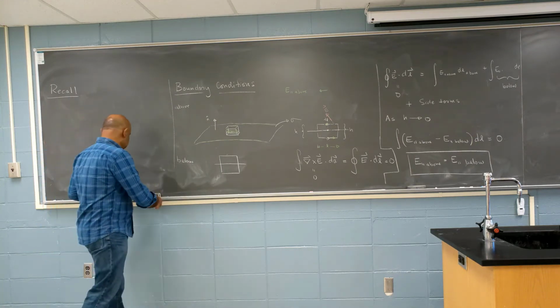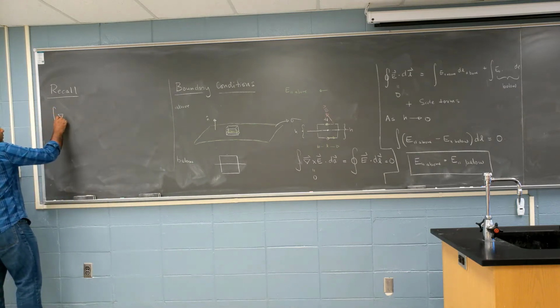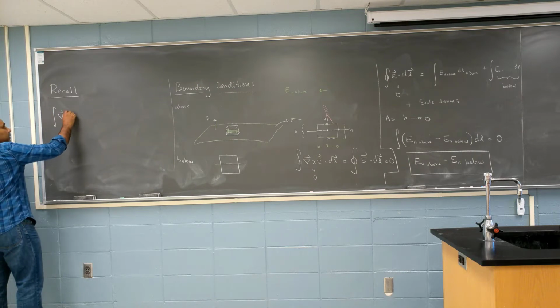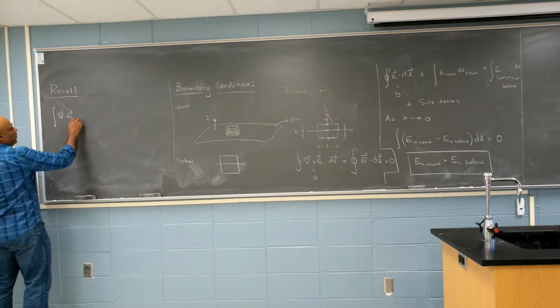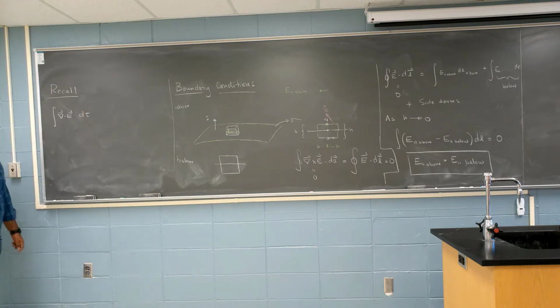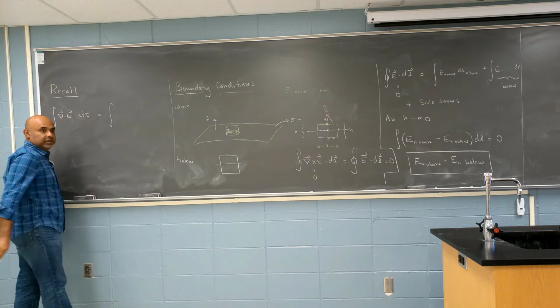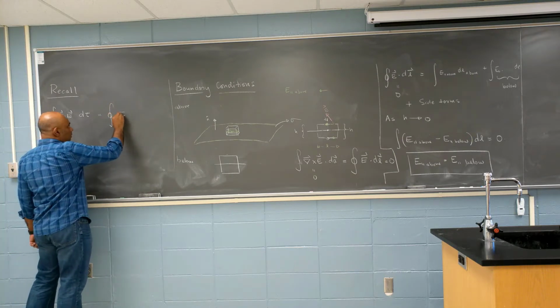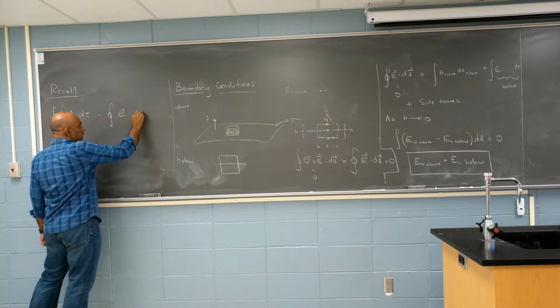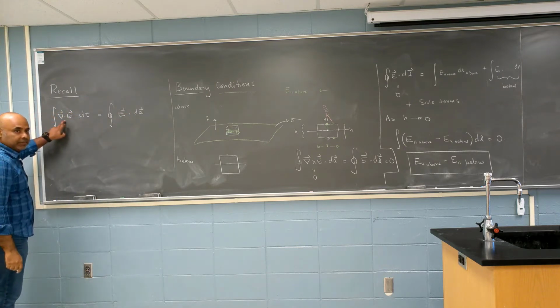And I'm going to use the divergence theorem. The integral of the divergence of E d tau equals, what is it? The integral of E dot dA. This guy is rho over epsilon naught.